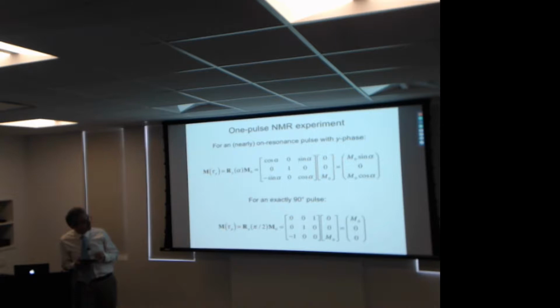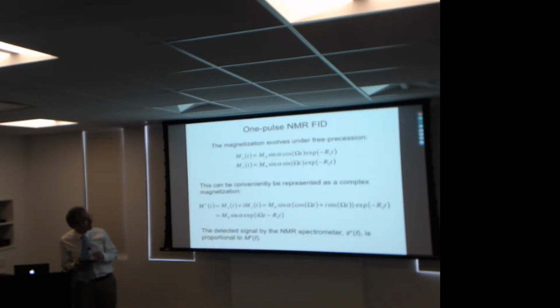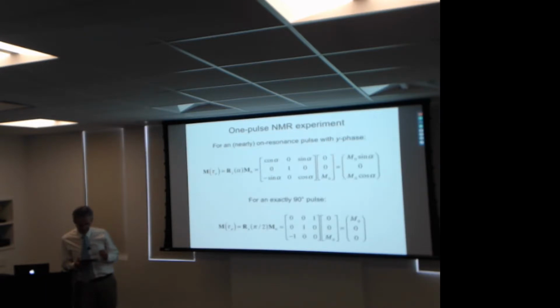So for an exact 90-degree pulse, we get this matrix here. And then we just have to do the multiplication of the matrices. Maybe that was already done. Did I do it? Yes, so I guess I picked a y pulse. So after the rotation by 90-degree y, we have x magnetization. And that matches our expectation.